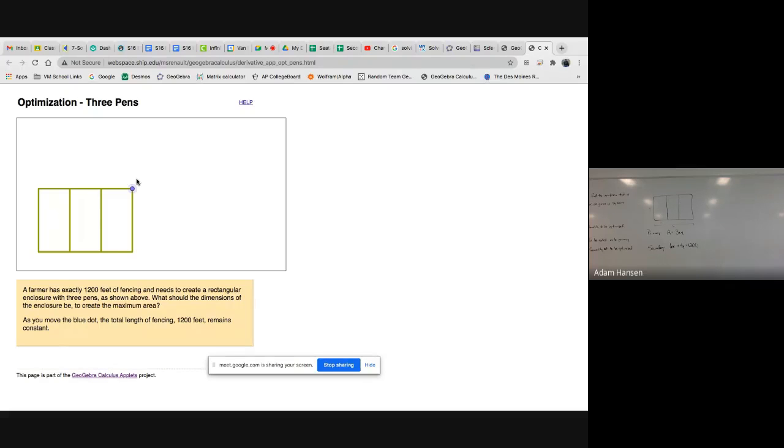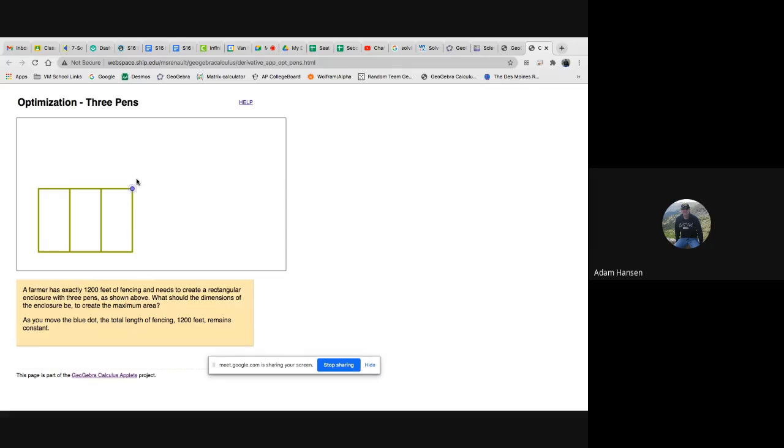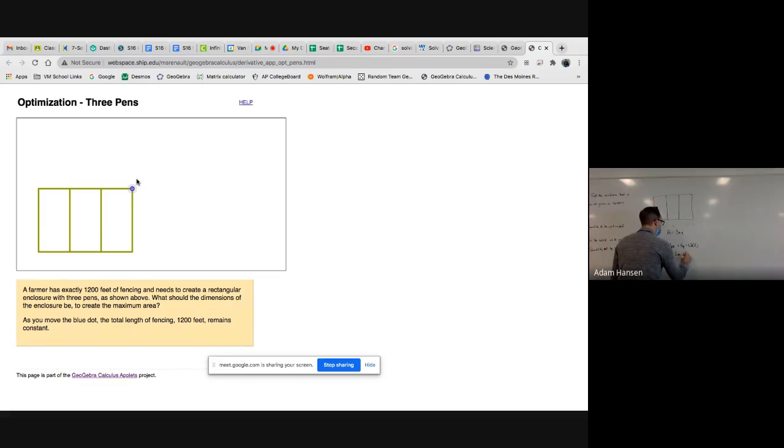Okay, let's solve for x. Get x by itself. You could just as easily solve for y. Let's solve for x. So let's subtract 4y from either side. 6x equals 1,200 minus 4y. What do you do next?